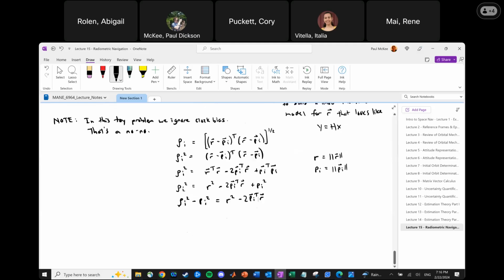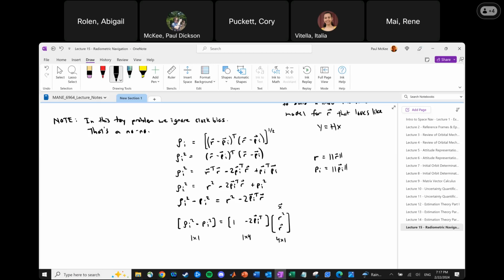We've pretty much accomplished it, because now we can think of it as rho I squared minus pi squared is equal to 1, negative 2 pi transpose, times r squared and then the vector R. So this is a 4x1, which we'll call X. This is a 1x4, which is one element of the matrix H. And then this is a 1x1 scalar term.